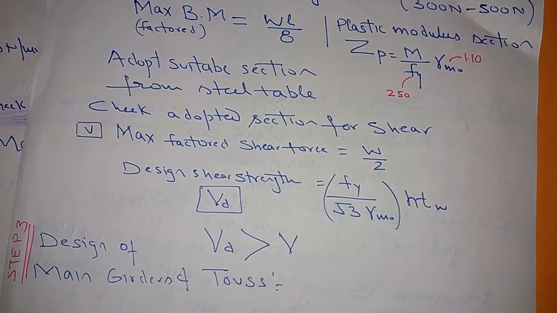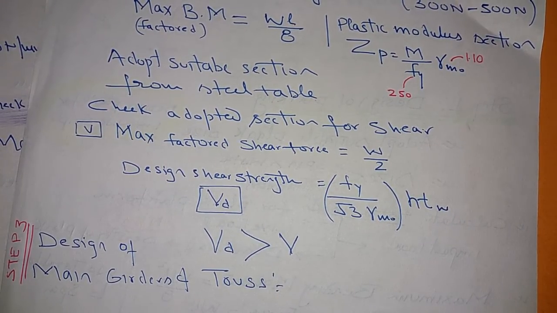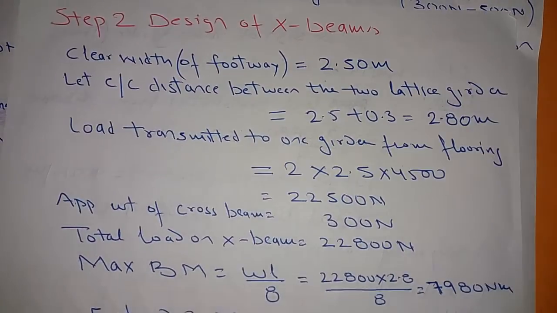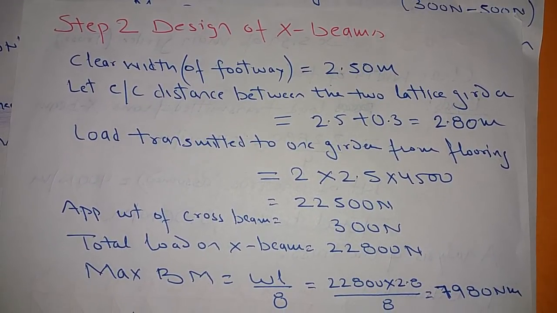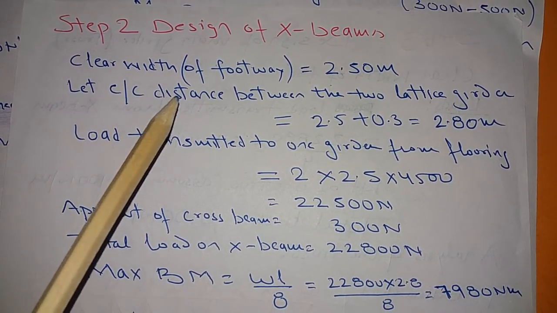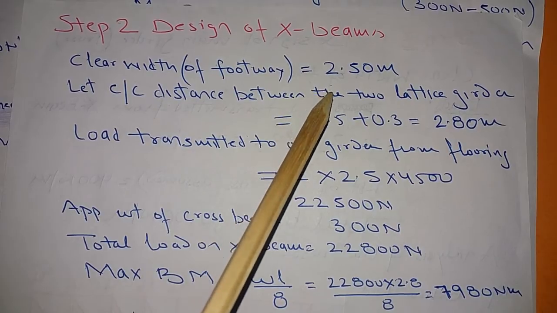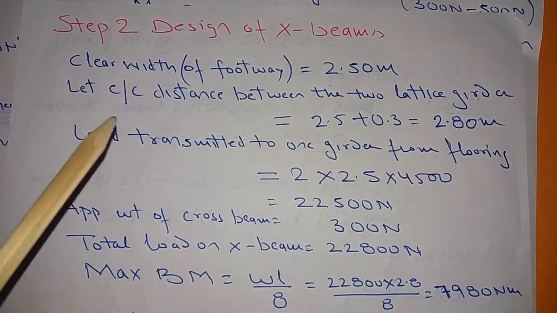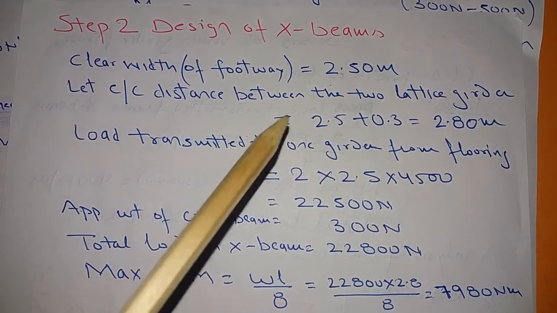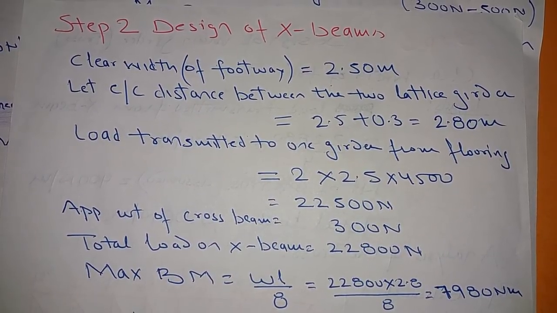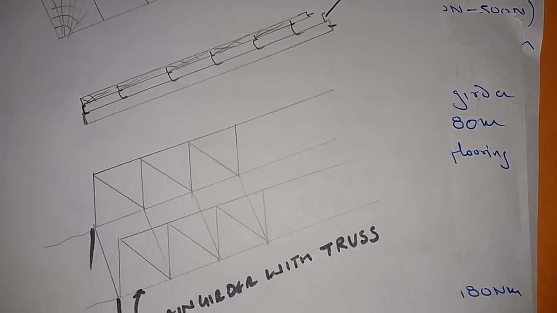Now let us come to our numerical problem. In this case, the clear width of footway, as we discussed earlier, was 2.5 meter. Now let us see the center to center distance between two lattice girders.